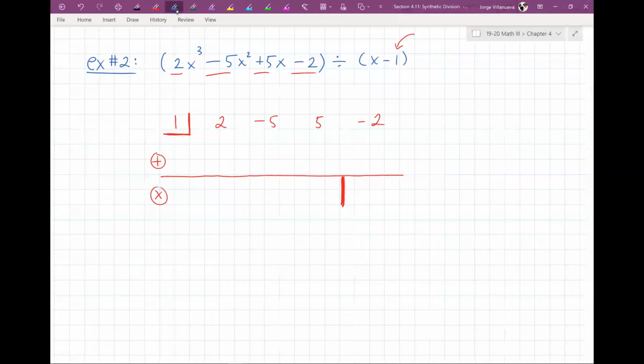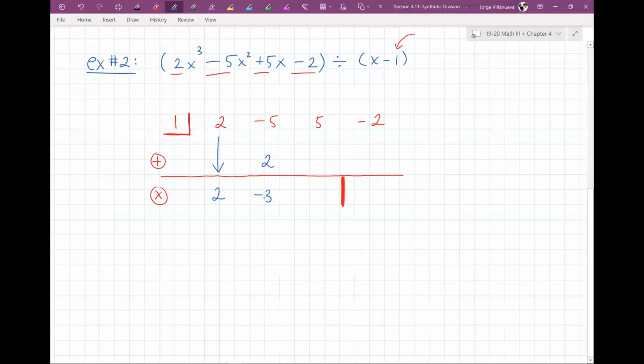So let's drop the first number, which is a 2, right? Now I multiply 2 times 1, so I get 2. Now remember, you write your answers, you start kind of going back and forth, top, bottom, top, bottom. So -5 plus 2 is -3, right?